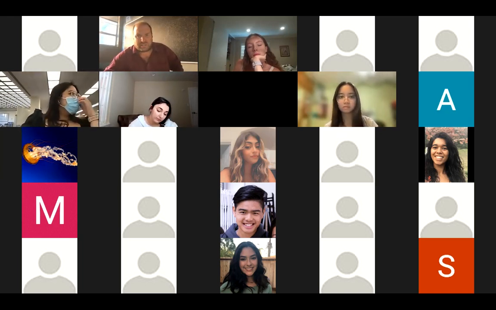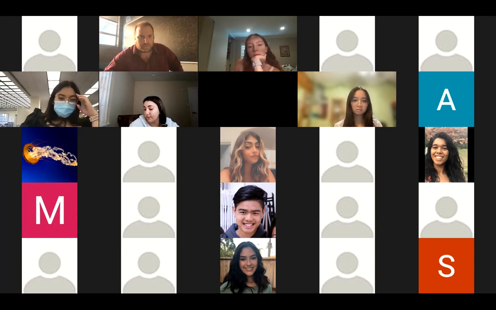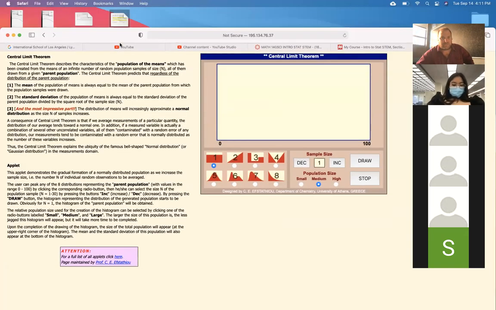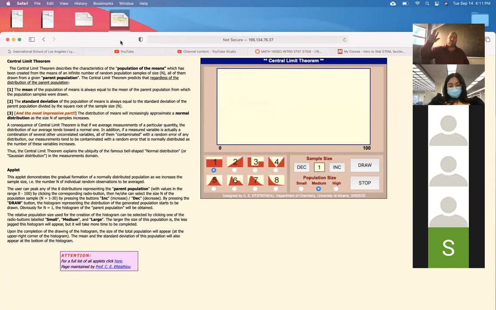So this, I'm not sharing my screen, am I? So let me share my screen. Okay. So this idea of the central limit theorem is something that we're going to get to later. I don't want to worry about what the central limit theorem is right now. I just want to highlight some features.